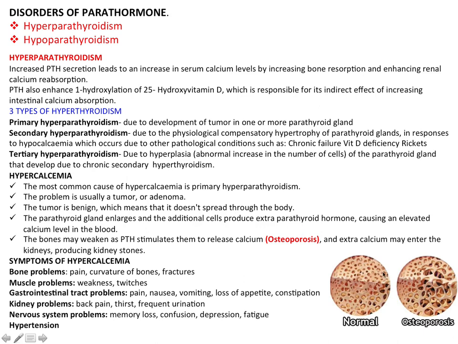So here you can see the normal bone and here the porous bone, that is a condition of osteoporosis. And the extra calcium which is released from the bone can enter into the kidney and it can produce kidney stones as well. So here you can see some symptoms of hypercalcemia, related to bone problems, muscle problems, gastrointestinal tract problems, kidney problems, nervous system problems, and hypertension.